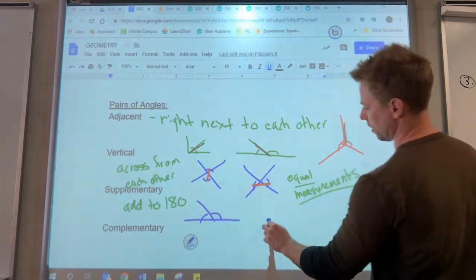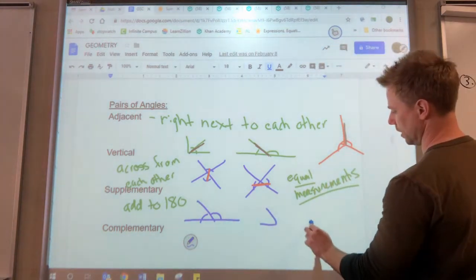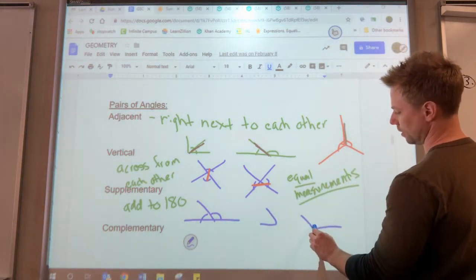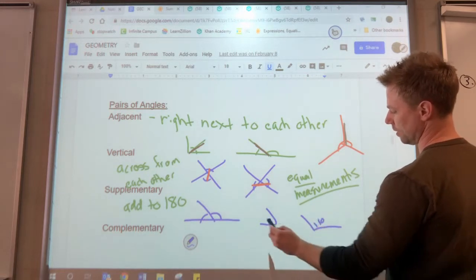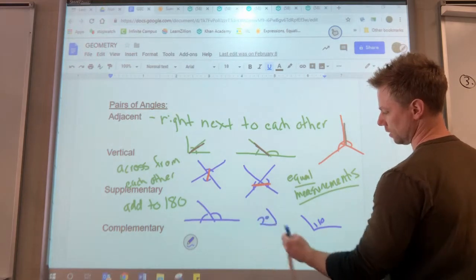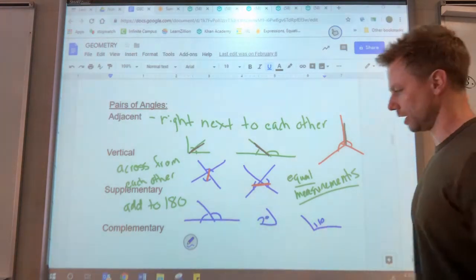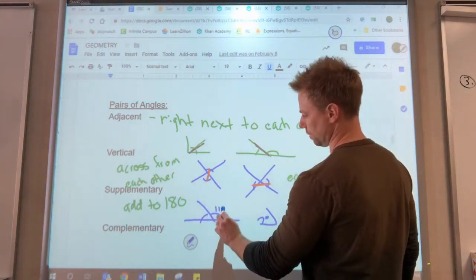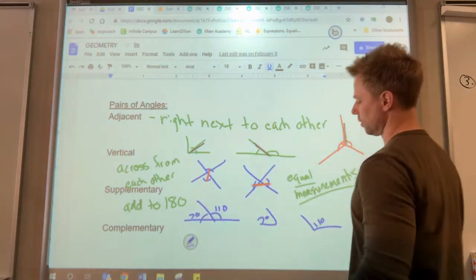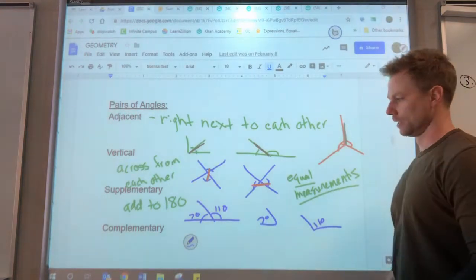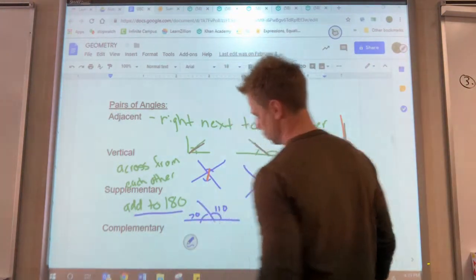But we could have an angle here and an angle over here. If this is 110 and this is 70, they're still supplementary even though they're not right next to each other. Okay, they could be adjacent, right next to each other, or they could be separated. They just have to add up to 180.